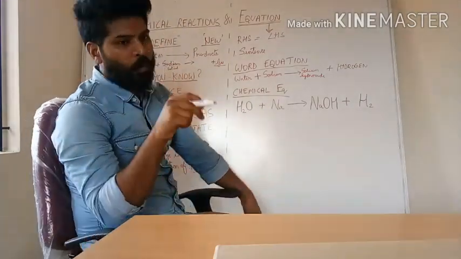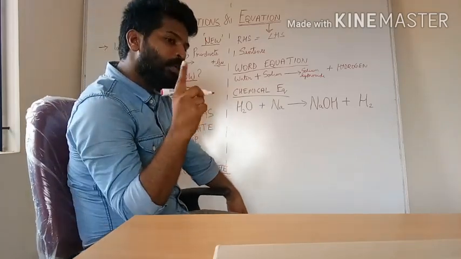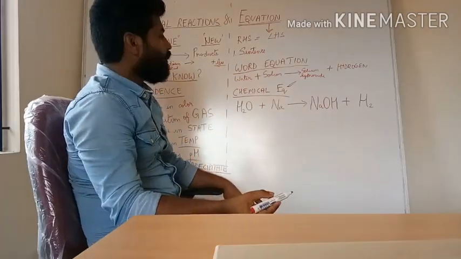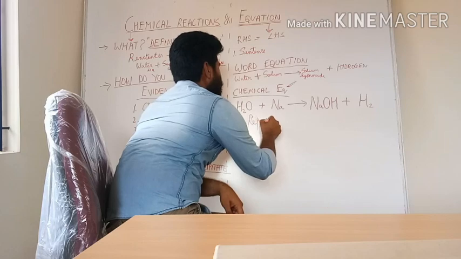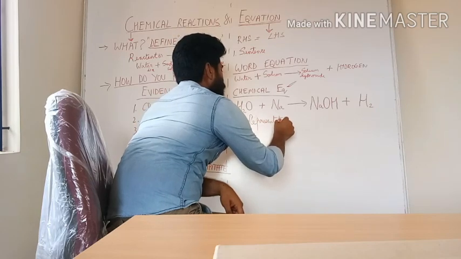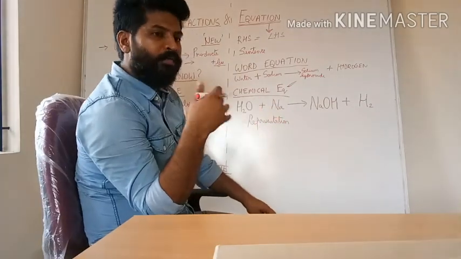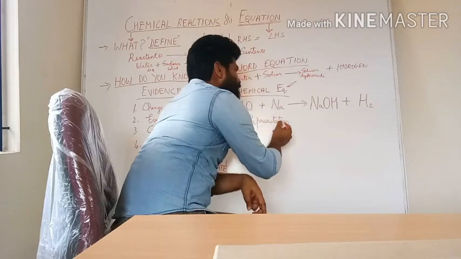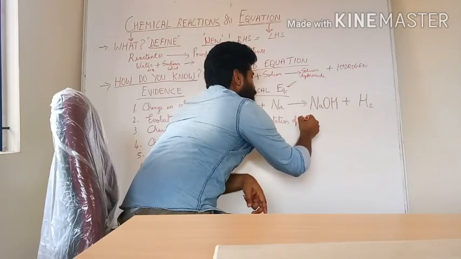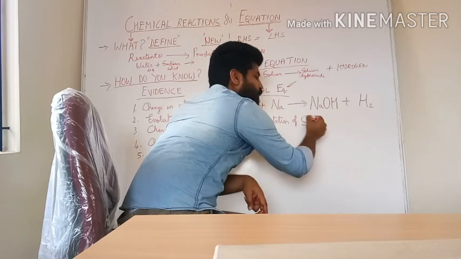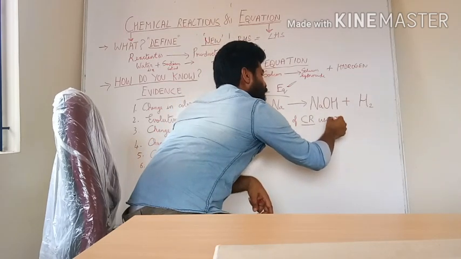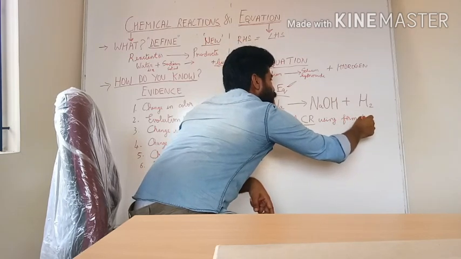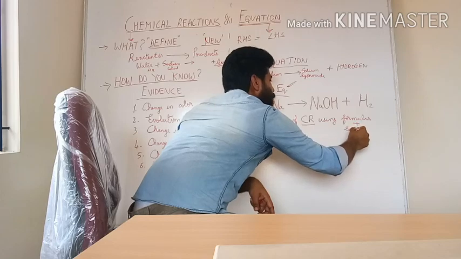So, in simple words, a chemical equation can be defined as, so it is a representation. The definitions given in different books, different sources will be different. I am using the simplest one. You are representing a chemical reaction, so it is a representation of a chemical reaction. How? Using chemical formulas and symbols.